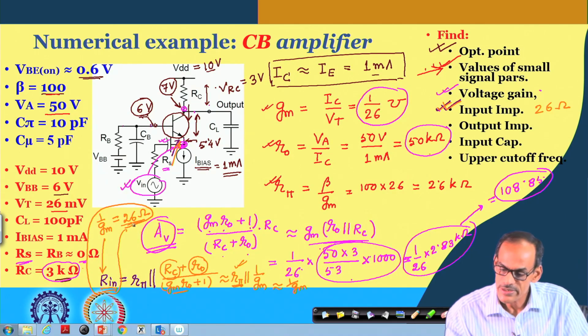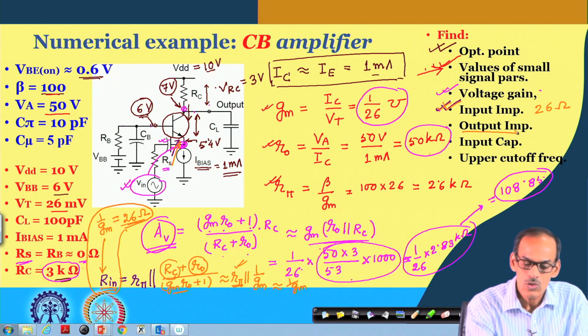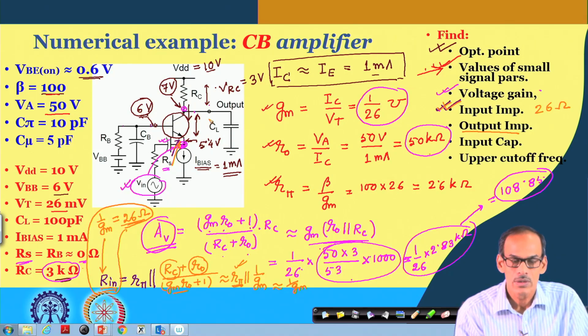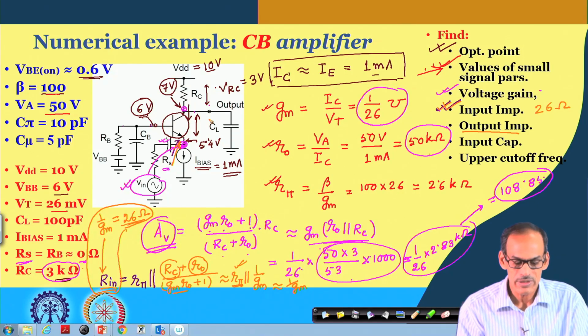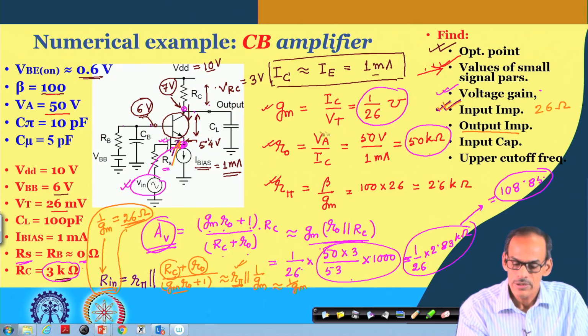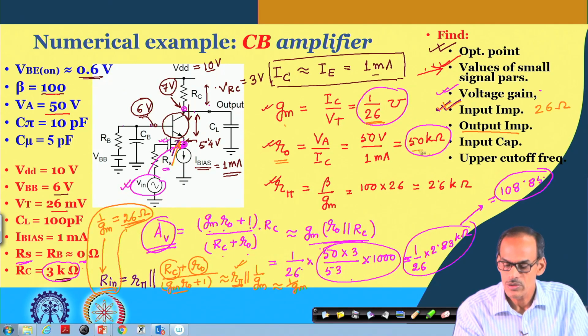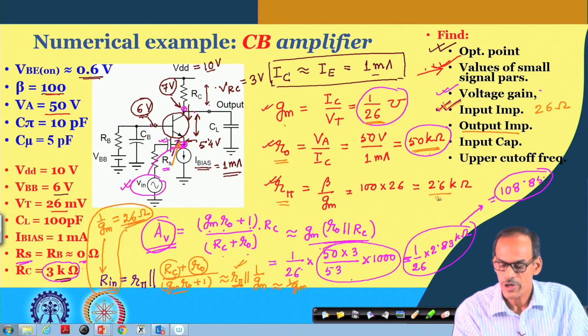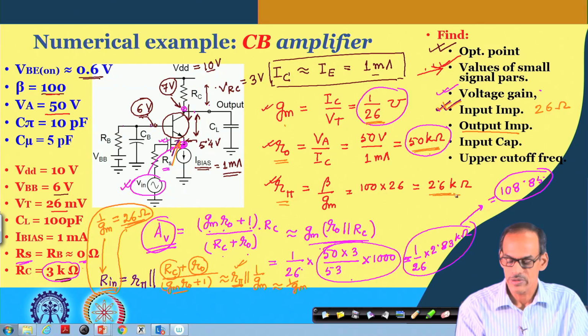Now, the next thing is that we can try to find the output impedance. I think the board is really clumsy. So, let me erase, but please make a note that G M is 1 by 26, R O equals 25 kilo ohms, R pi is 2.6 kilo ohm.